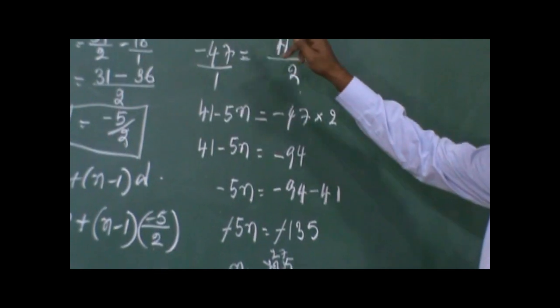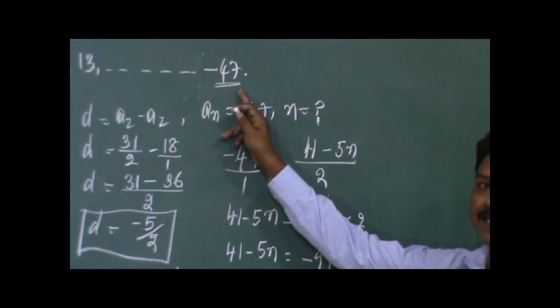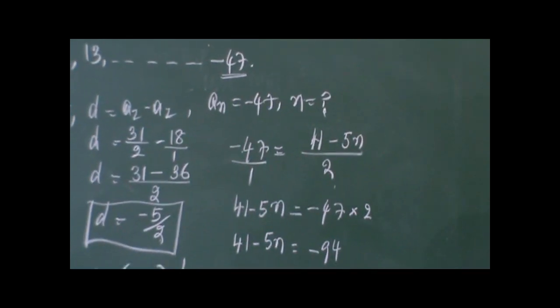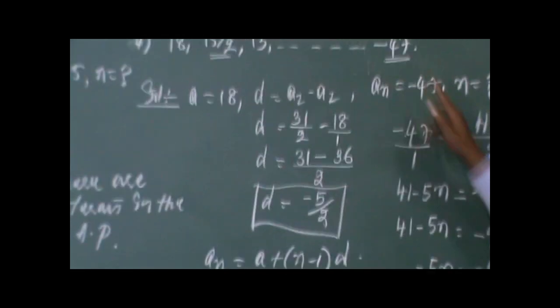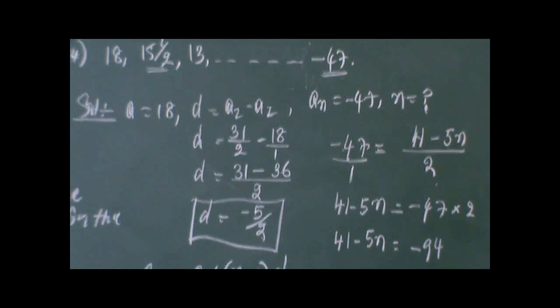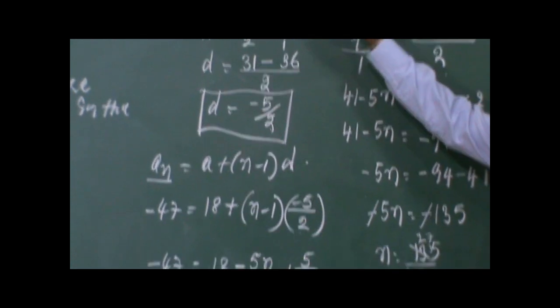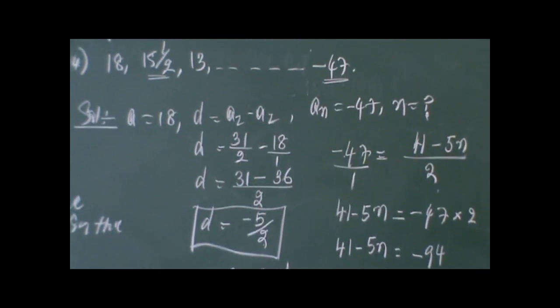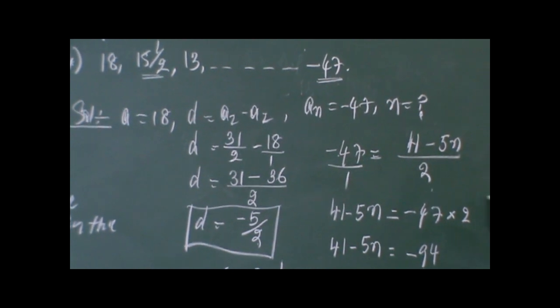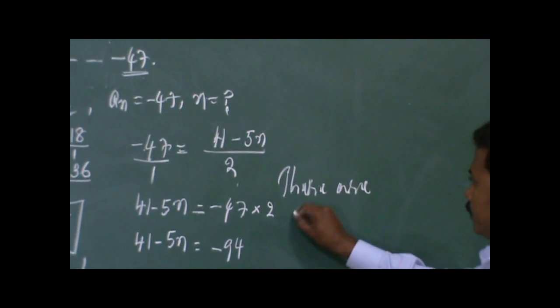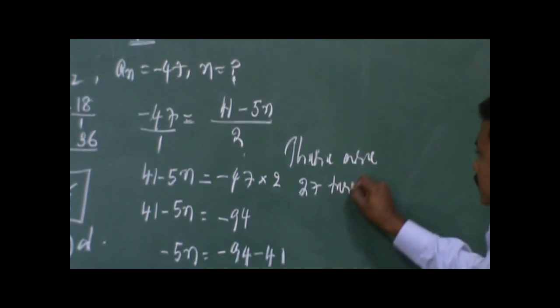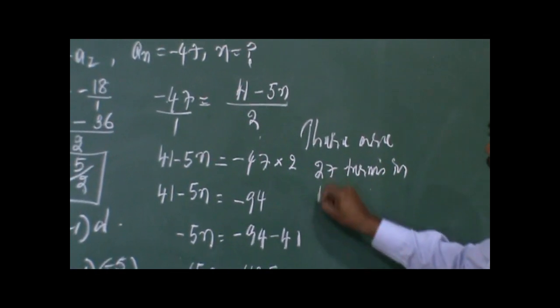So in this AP there are 27 terms, and along with that, minus 47 is the 27th term of this AP. This is the conclusion, so you have to write the conclusion: there are 27 terms in the AP.